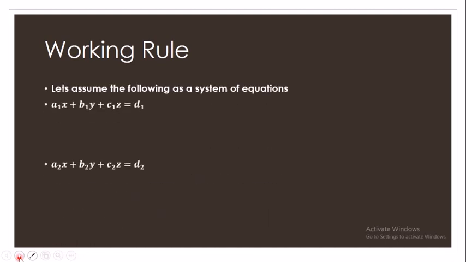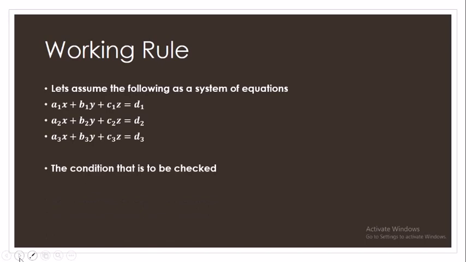Now let us assume that these three are our system of equations. I hope you are familiar with our system of linear equations, so I'm not going to repeat that again. The conditions to be checked are on the coefficients of x, y and z. If this is the first linear equation, the coefficients are a1, b1 and c1, and in the first equation a1 should be greater than the sum of the other two coefficients, b1 and c1.